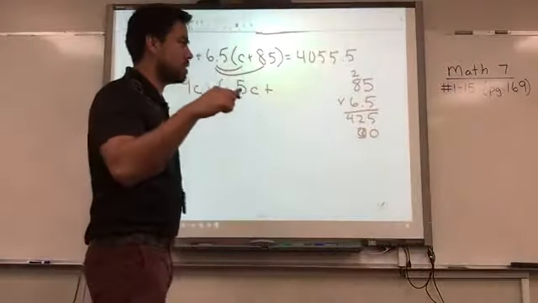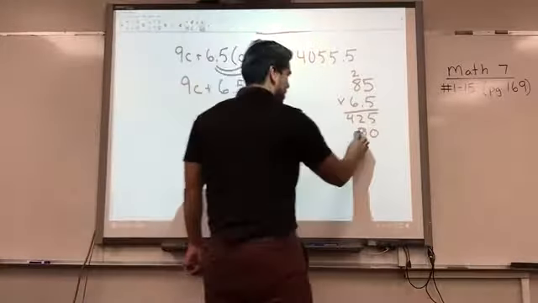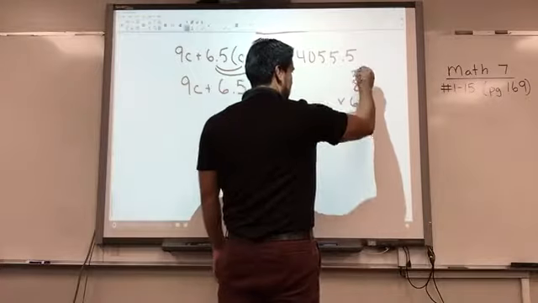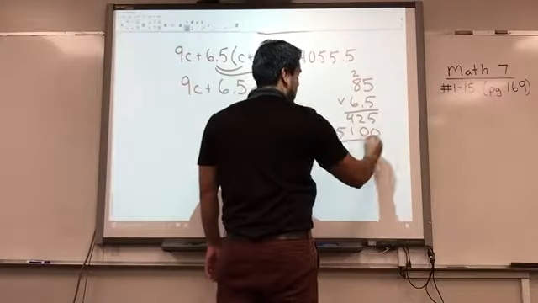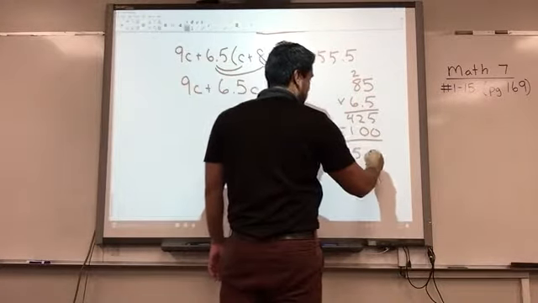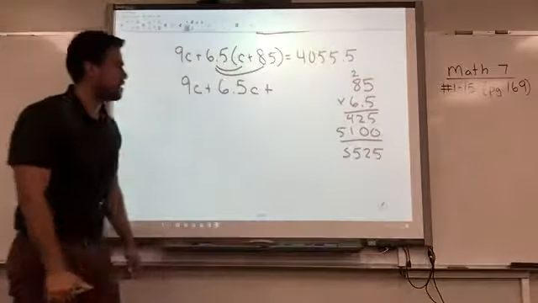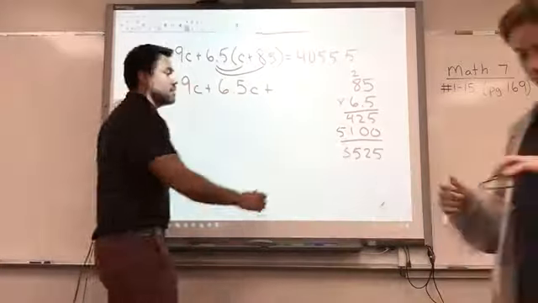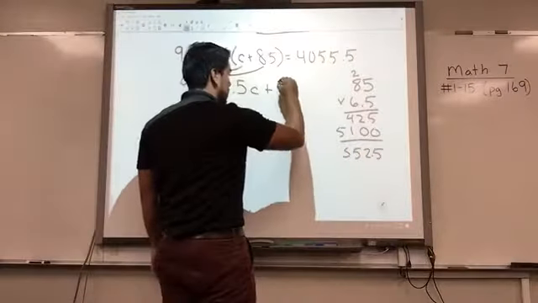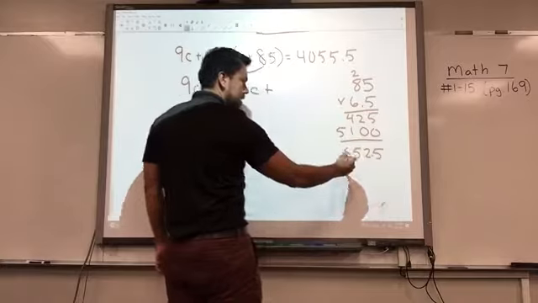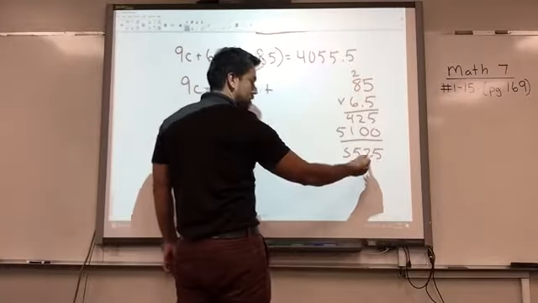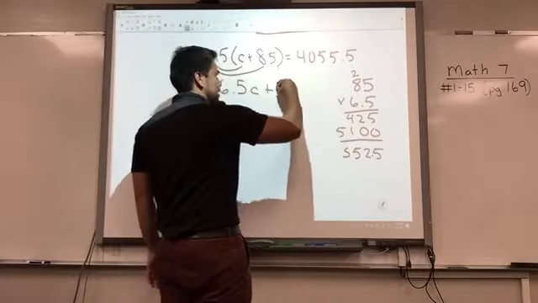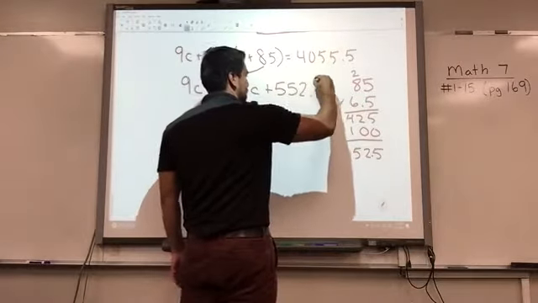Is it 5525? 552. Oh, yeah, and then, yes, 552. And yeah, actually, thank you, Wyatt, because if you don't put that decimal point, you're going to get 5525. That's 5,000 instead of 500. There's your answer off.